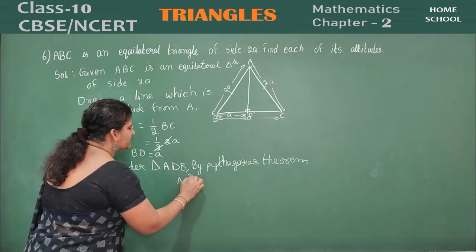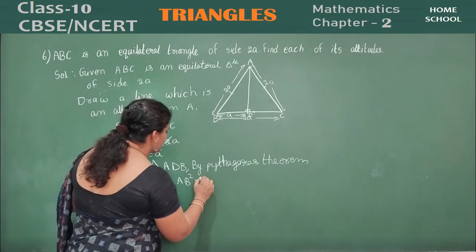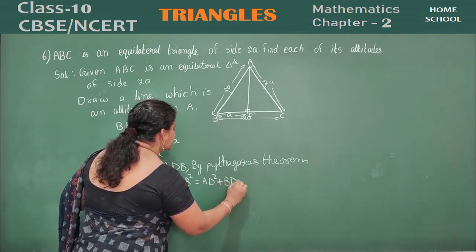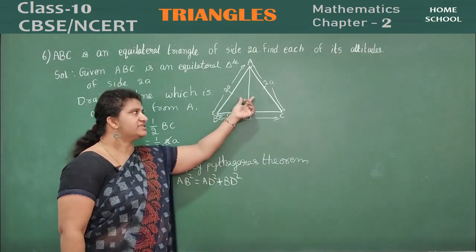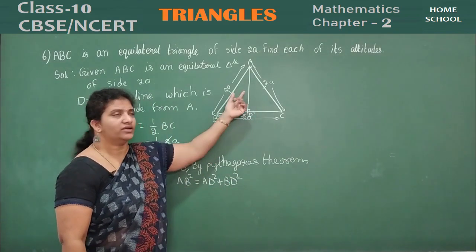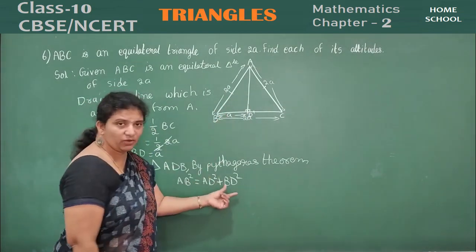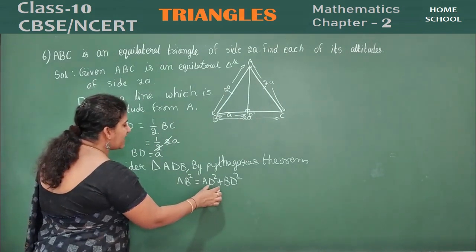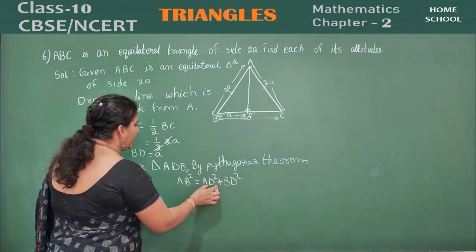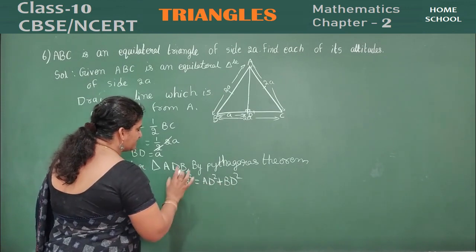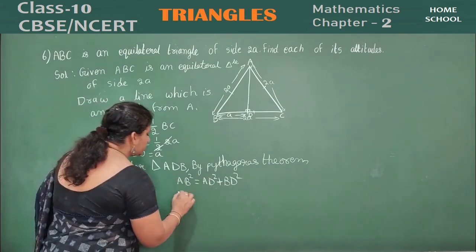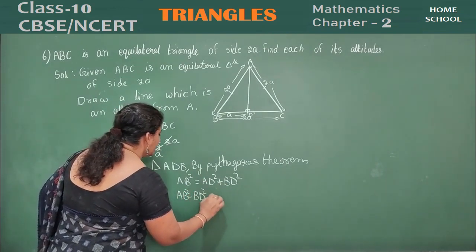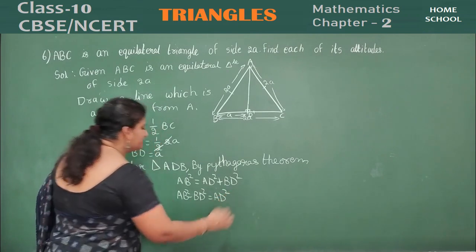What is that? AB square is equal to AD square plus BD square. See here, children, which side you don't know? You don't know the altitude, right? So change the equation in such a way that I need AD on one side. So bring BD square to the other side. So now AB square minus BD square is equal to AD square.